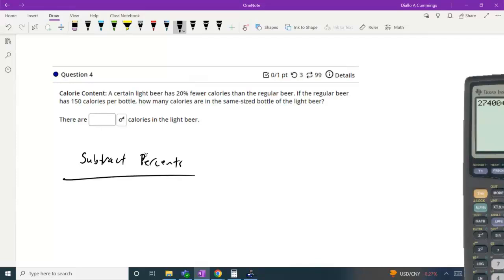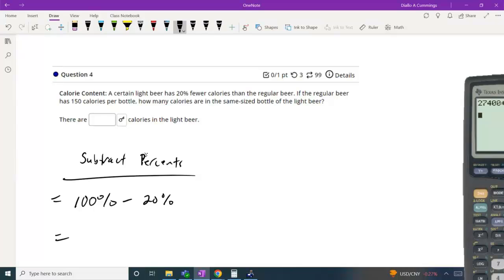Okay, and we're going to subtract percents because it says that the light beer is 20% fewer. So we have 100%, right? And 100% is just 150 calories per bottle of regular beer. To that, we want to subtract 20%, right?